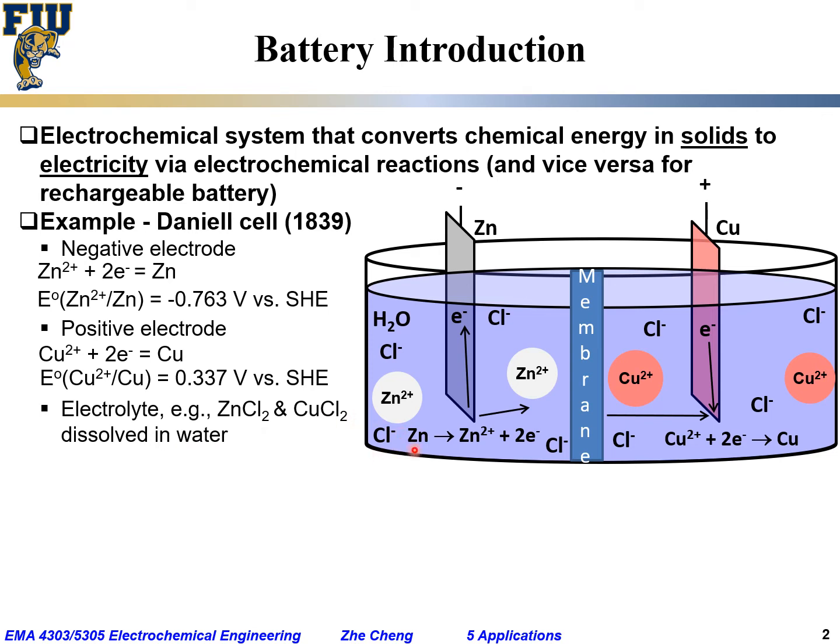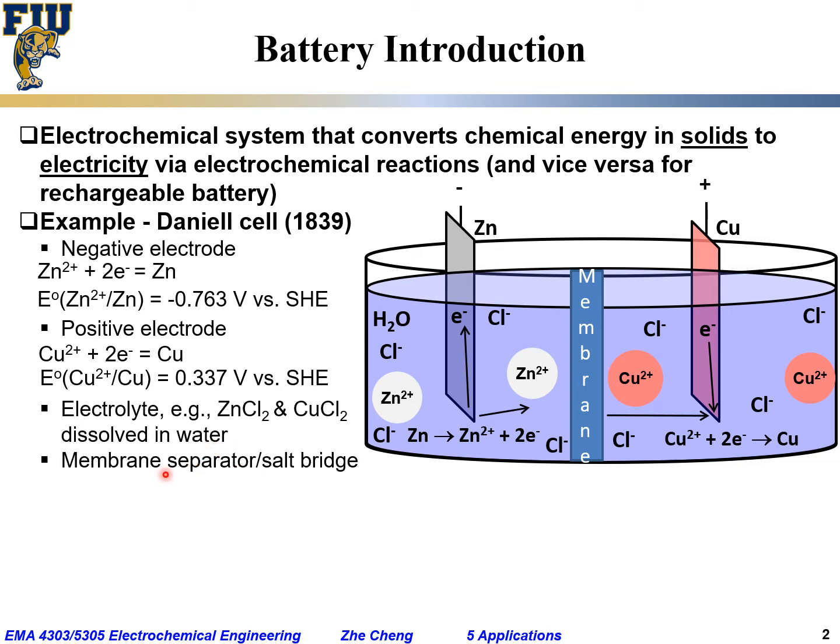For zinc, the corresponding salt could be zinc chloride. For copper, the corresponding salt could be copper chloride, and both of these salts are dissolved in water. We have electrolyte that can allow conduction of ions, charged atoms, but not electrons or holes.